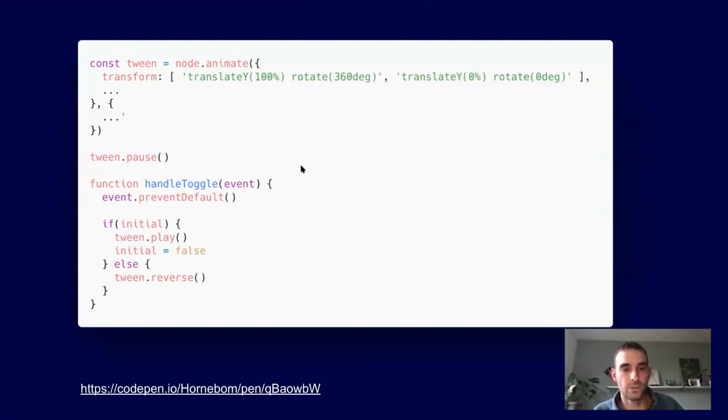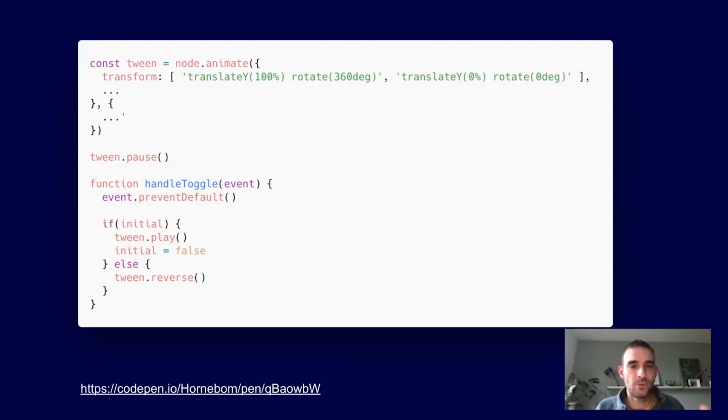So you pause it. And if you then connect it to a handler, you can always say, okay, I want to go back and forth. So the first time I'm playing it forward, but every time when I'm clicking afterwards again, I'm just stopping it where it is right now and reversing it.